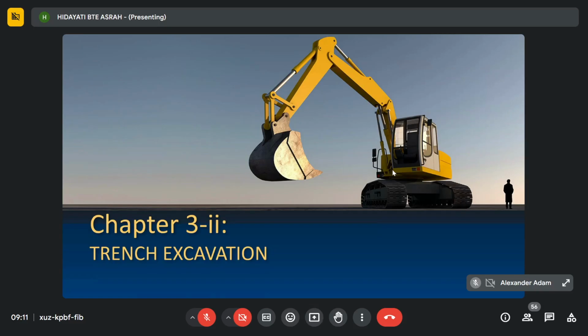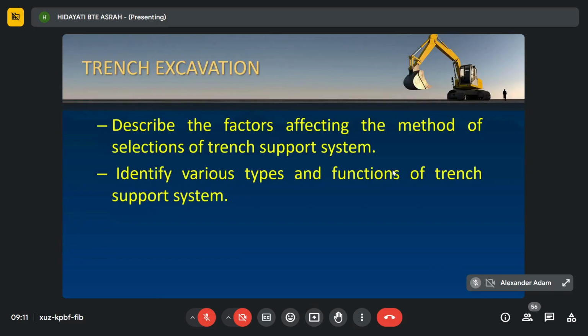The lesson for this topic: you must be able to describe factors affecting the method of selection of the trench support system, and also you must be able to identify various types and functions of the trench support system.